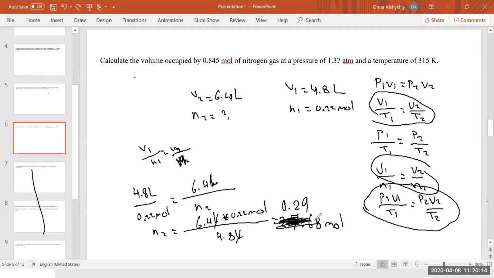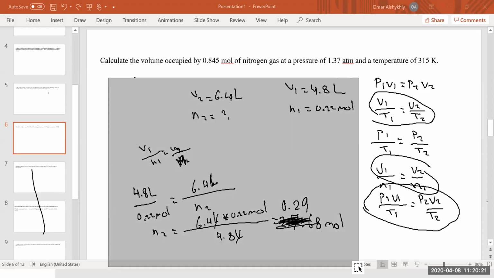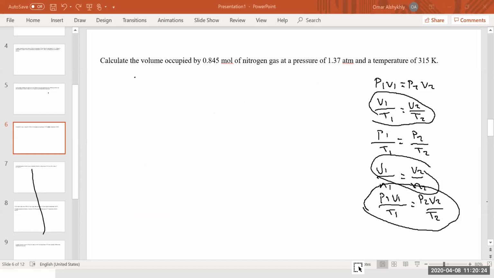Okay, so let's keep going and practice with another example. Calculate the volume occupied by 0.845 mole nitrogen gas at a pressure of 1.37 atmosphere and temperature of 315 Kelvin.